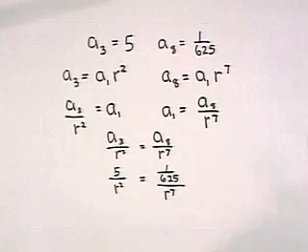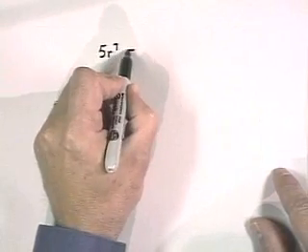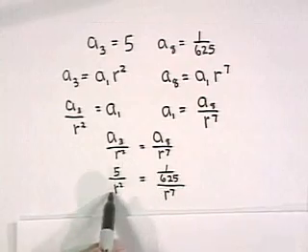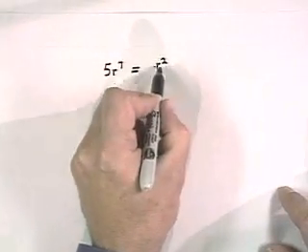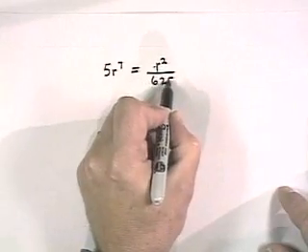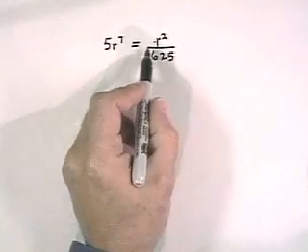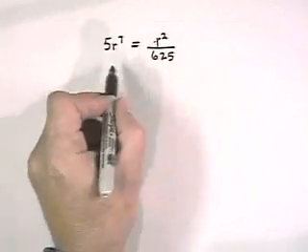And this will be much easier to look at if we cross multiply. We'll have 5r to the 7th, as you can see cross multiplying here, and r squared over 625. Now we'll divide both sides by r squared.